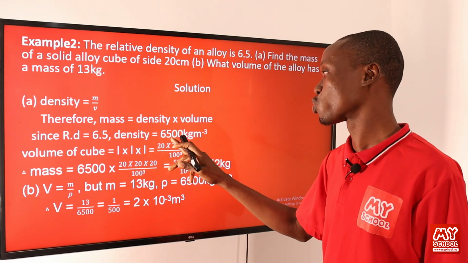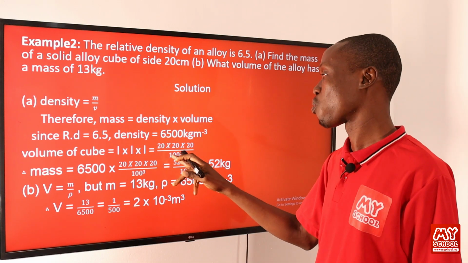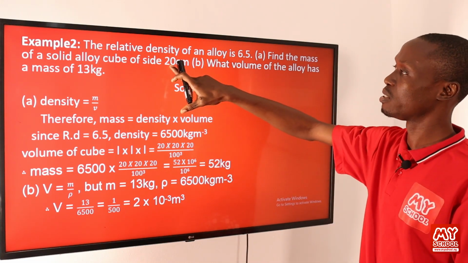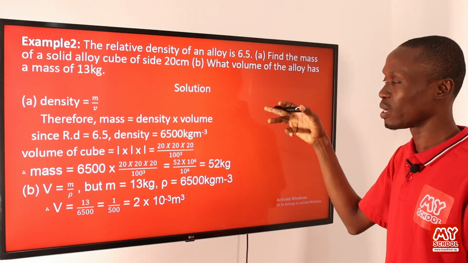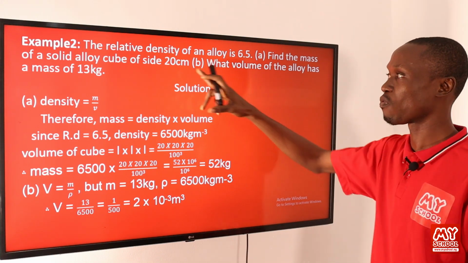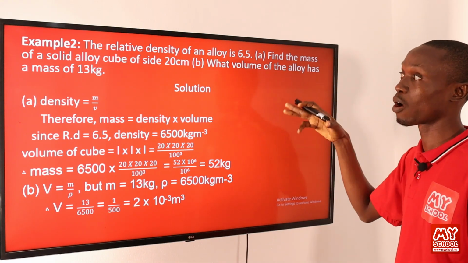So that will be equal to 20 times 20 times 20 all over 100 cube. Now remember that we are given the side of the cube in centimeter, so we have to convert it to meter. To convert 20 centimeter to meter, we have to divide by 100.